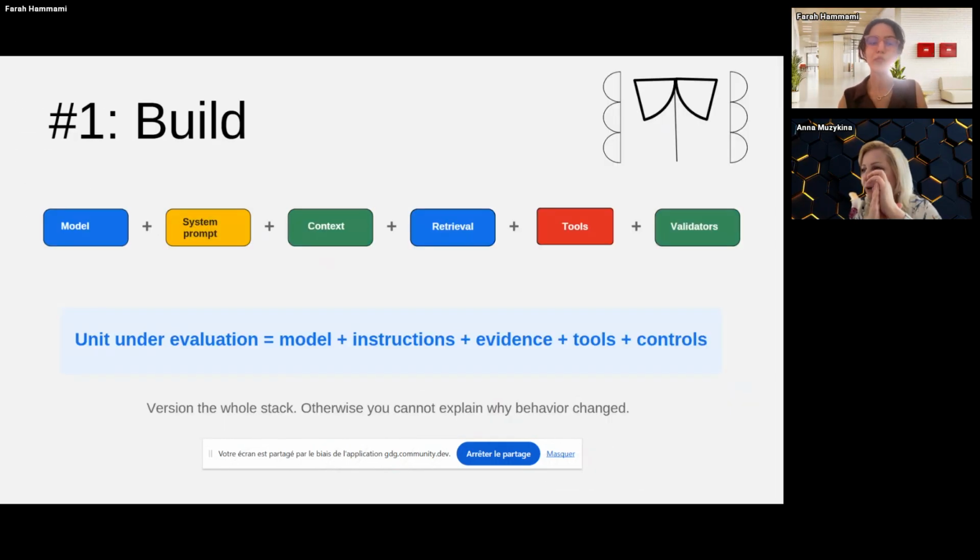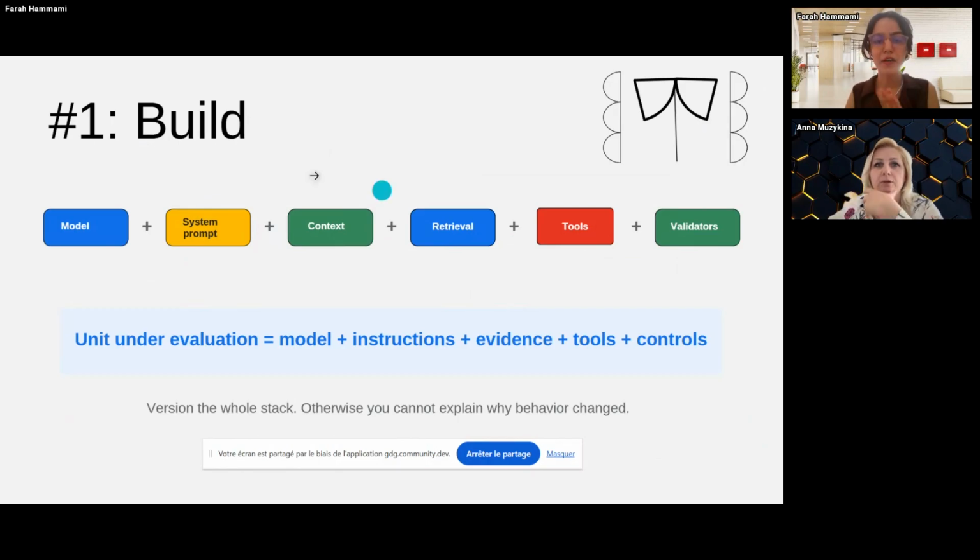Okay, so for example, for the build part, we mostly think of these two things only, the model and the system prompt, which isn't wrong, but it's missing something, because we also have the context that we have to give to our AI. For retrieve, if you have an idea about RAG, we have retrieved documents, and then we pass them as context to the prompt. When we're talking about agents, we have tools to call, and there is also a small part of validators.